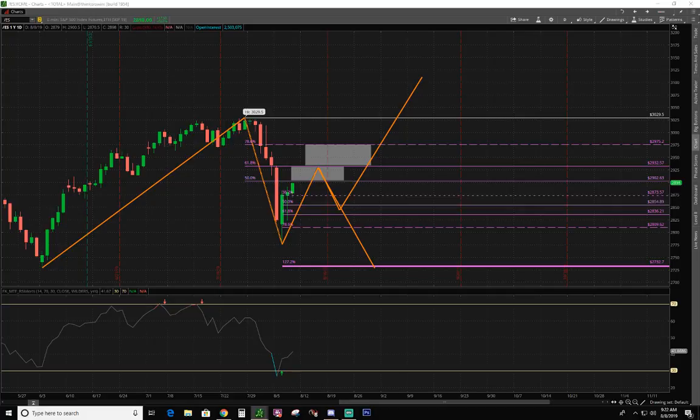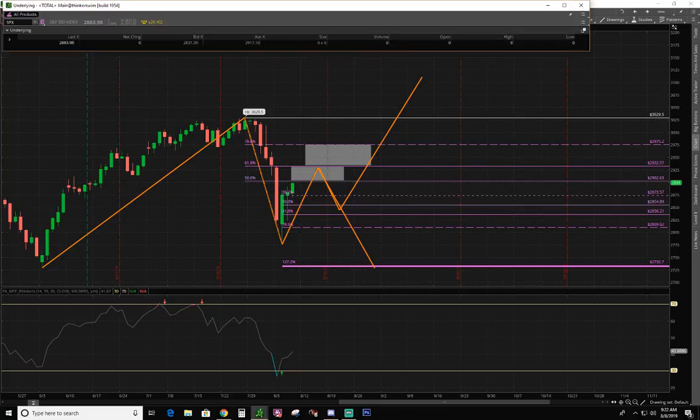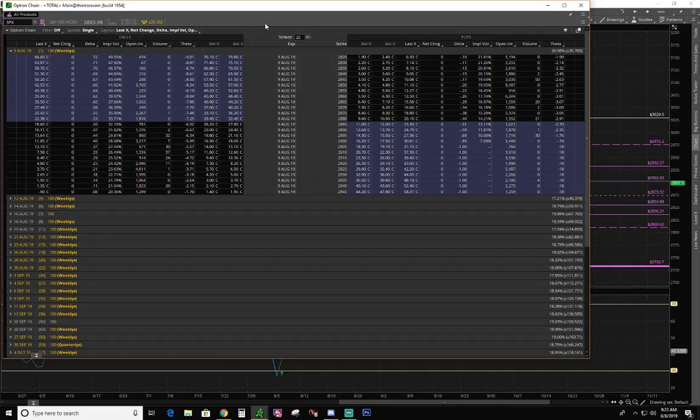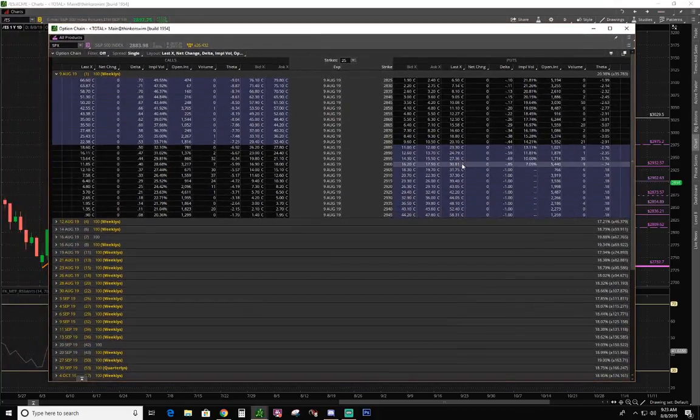Now, if we go to the SPX, let's take a look. Let me detach this. What am I doing here? Let me get this option chain. Here we are. So tomorrow expiration.